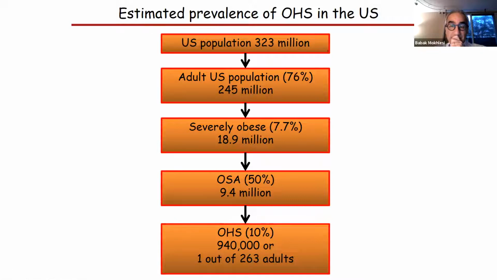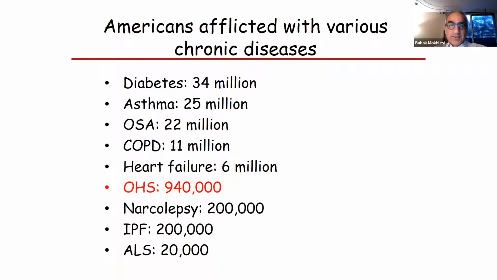Now to put that in perspective, here it is. Obviously diabetes, asthma, OSA, COPD are much more prevalent. And this OSA prevalence that I put here is more clinically significant OSA as opposed to just AHI above 5. But you can see that compared to narcolepsy, IPF, ALS, it's probably much more common.